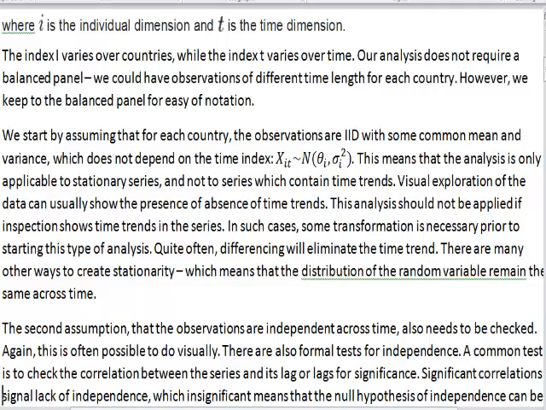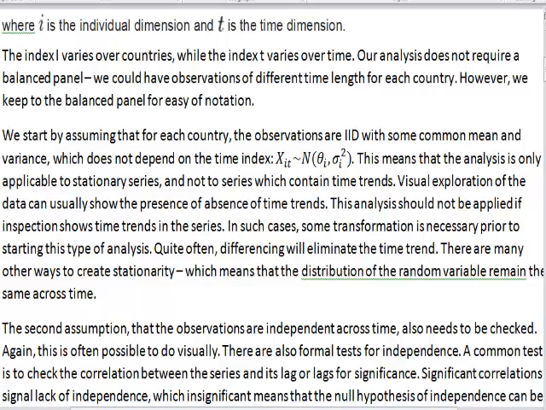Stationarity means that the distribution of the data is independent of time. As you shift across time, the distributions don't change. So we have assumed that that is true, and that's something you can check visually, and we will do that later when we go to real data analysis.